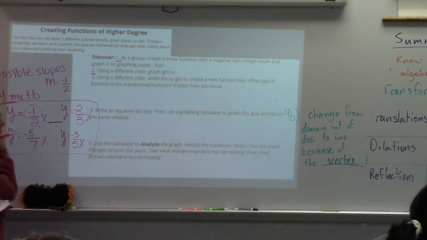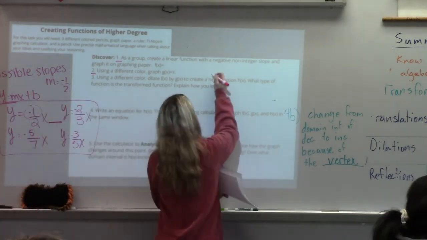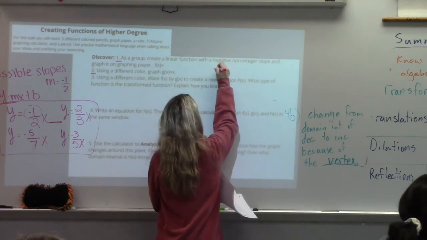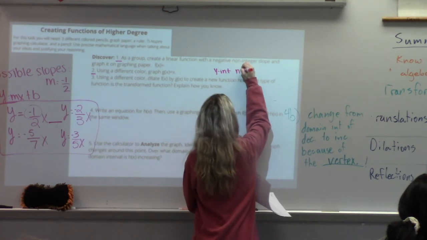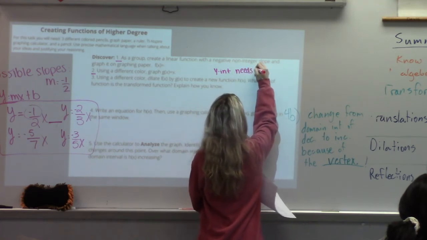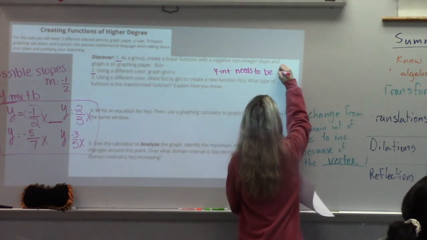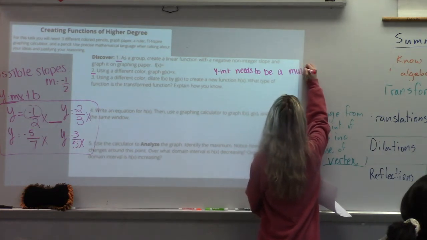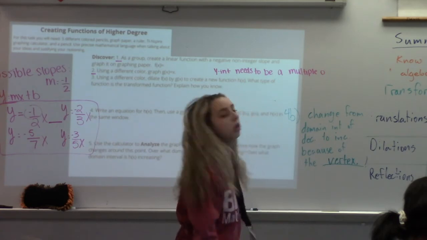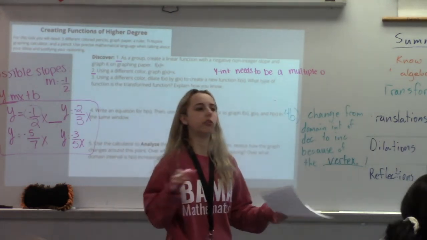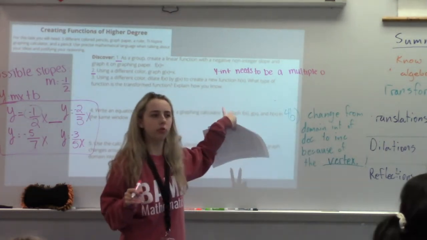That might sound bizarre, but whichever slope you choose, you need a multiple of the numerator as your y-intercept. So for negative 2/3, you could use 2, 4, 6, 8, negative 2, negative 4, whatever. It just needs to be a multiple of that numerator. So I'm gonna write that note on the board so we have that.